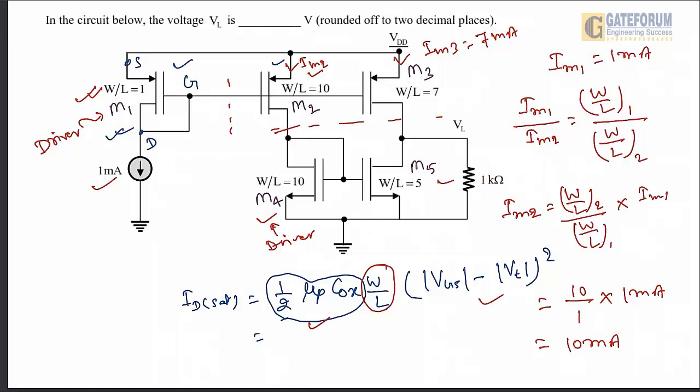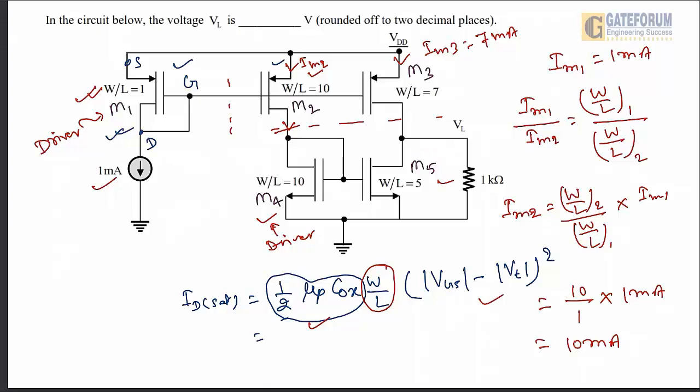Now, the current IM2 coming from the source passes through the drain terminal, because, as we know, the gate current for any type of MOSFET, either P channel or N channel, is almost equal to 0.